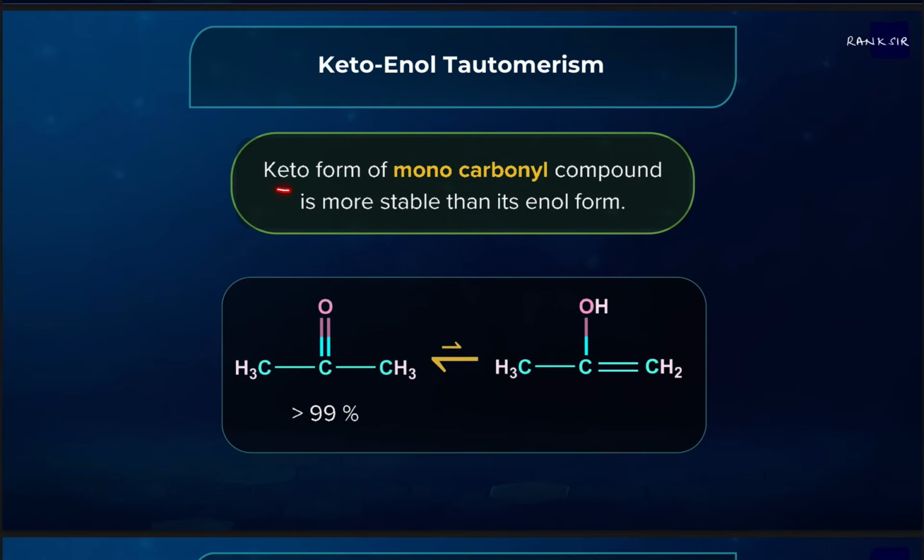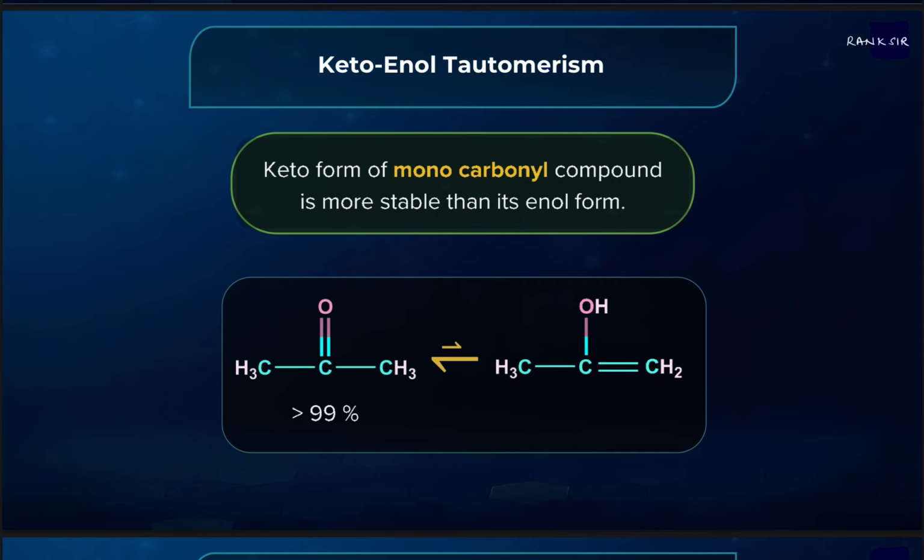Now the keto form of a monocarbonyl compound is more stable than the enol form. It is greater than 99%, and the enol is very much less than 1%. This is because, as I already told, the carbon-carbon double bond is weaker and the carbon-oxygen bond is stronger.